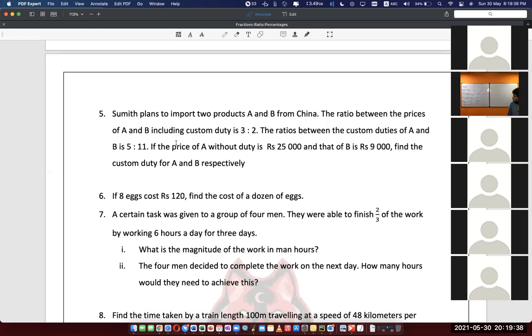So now I know the price of A and price of B. Then duties, this one also let's convert into our real world scenario.